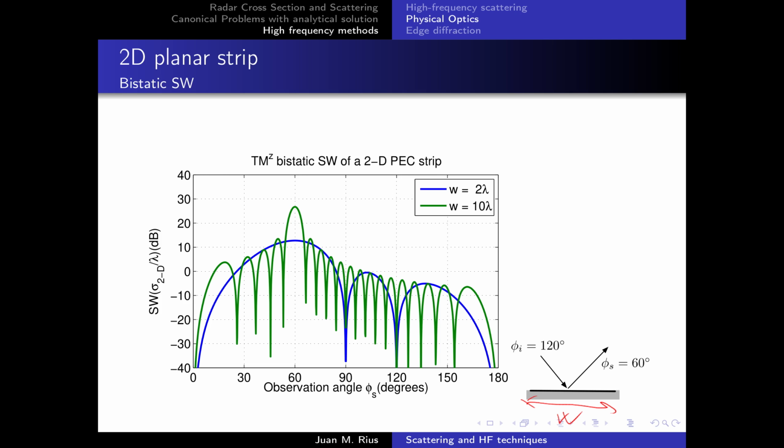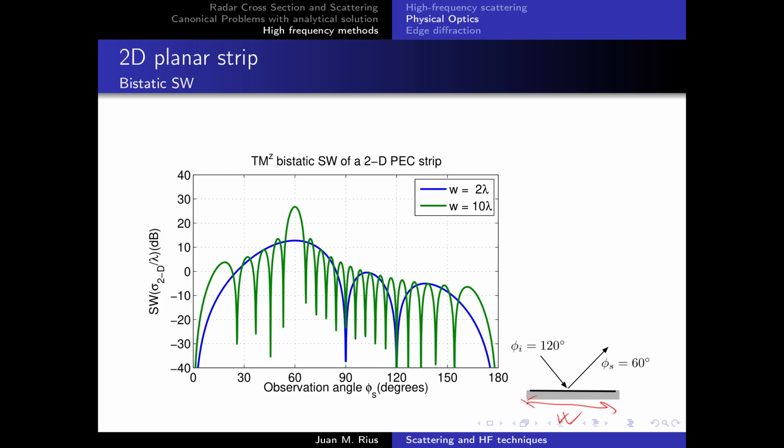Okay? And if the surface size is small, this is two wavelengths, then the pattern is less directive. But if the surface size is too small, then of course we will have problems with the validity of the physical optics approximation.